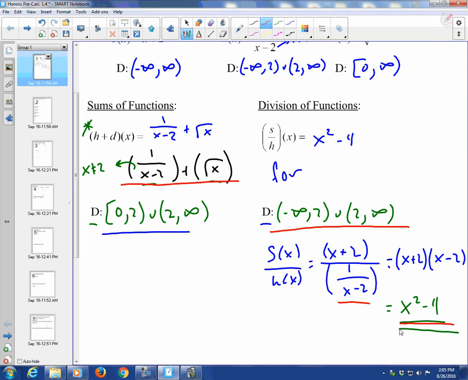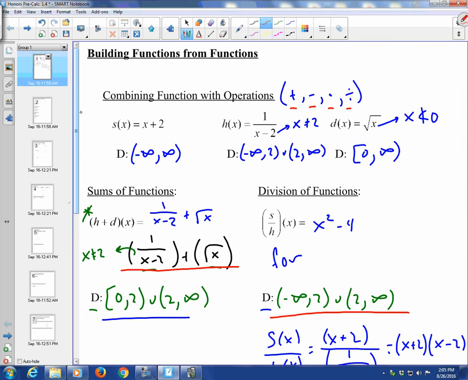Again, it's pretty simple. When we're combining functions with operations to create new functions, really all we're doing is taking the operation we're combining with and combining the equations that define the functions with that operation. At the moment we bring those two functions together, we first define the domain restrictions for each equation individually.